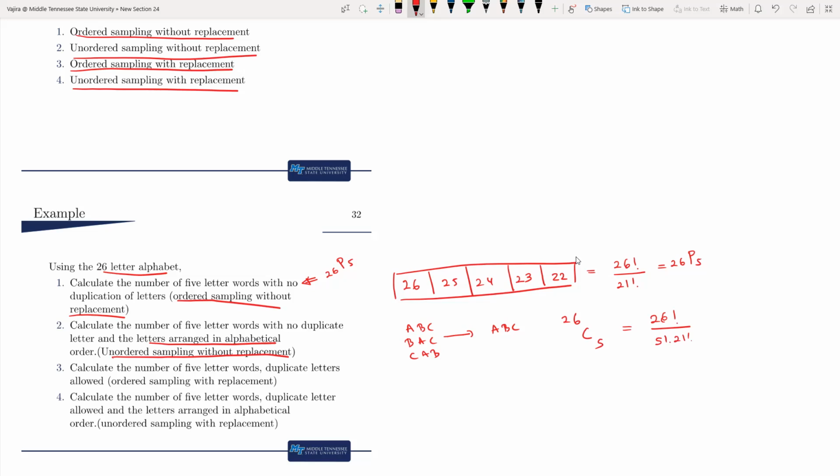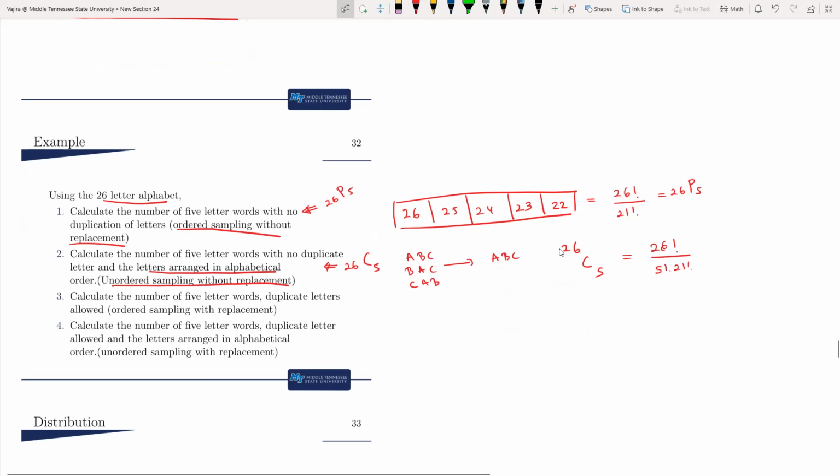So that's the answer for this one: 26 C5. You pick 5 letters without any duplication, and then the letters are arranged in alphabetical order. So it's unordered sampling without replacement.